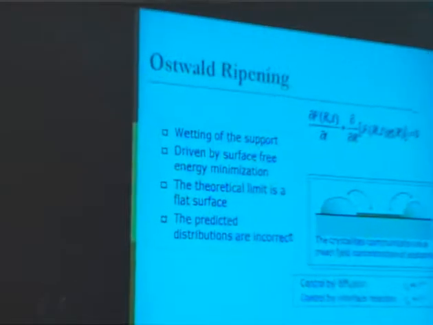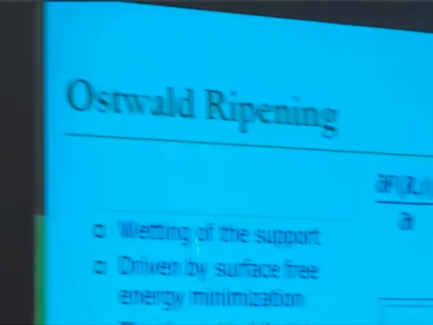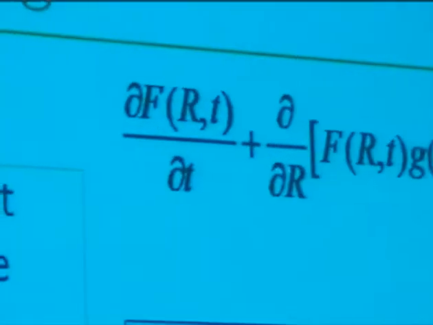And what I will be dealing with is mathematical treatment at the mesoscopic scale of the basic equations that have to do with this. So this is the standard treatment for Ostwald ripening. You are assuming that there is wetting of the support.